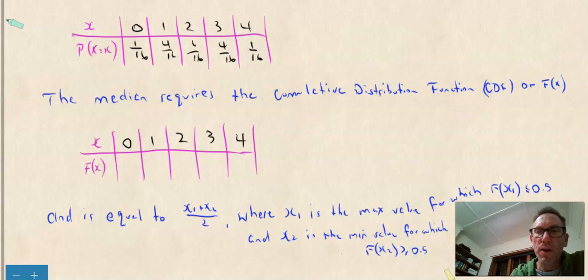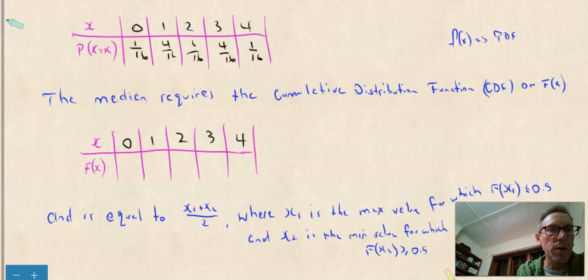Now, capital Fx denotes the cumulative distribution function, where little fx was the probability distribution function. Just so that you understand the difference there. So we're going to set up another table here.